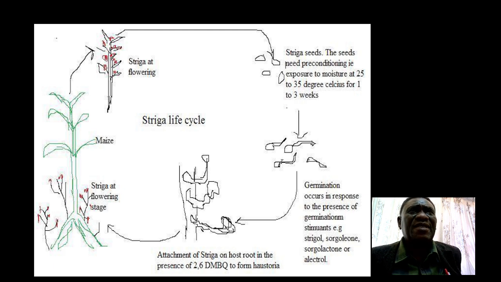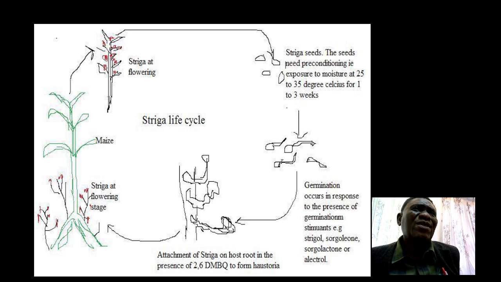Then they can respond to stimulants which are produced by the host. These germination stimulants are known as strigol. It could be sorgolactone, sorgolactone, or alectrol. But here I can say there are a variety of these substances which can stimulate the striga depending on the plants which are producing them.